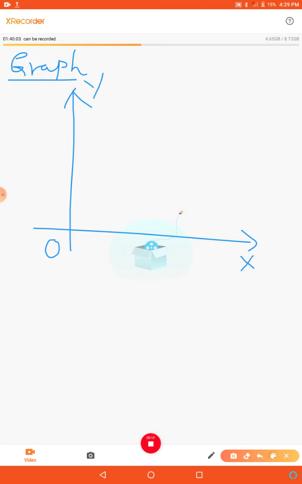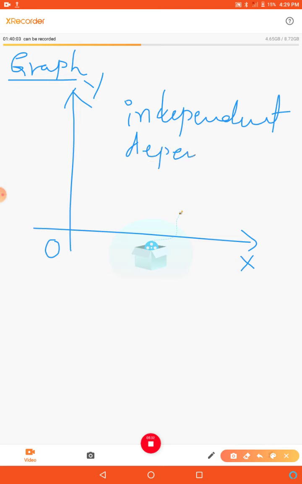A graph may be a curve or a straight line, and it shows the relation between two variables. One is called the independent variable, and the other is called the dependent variable.